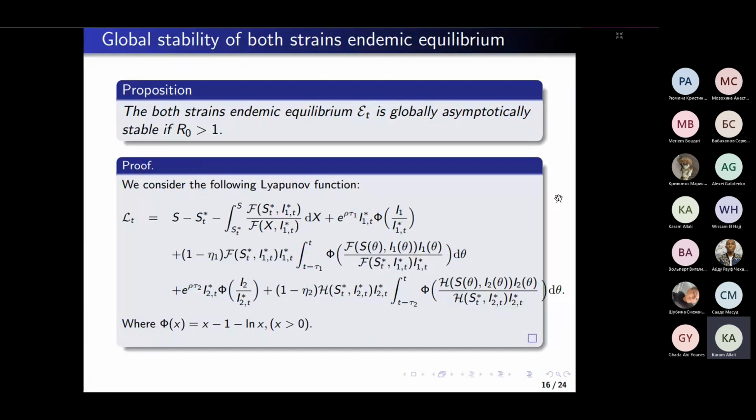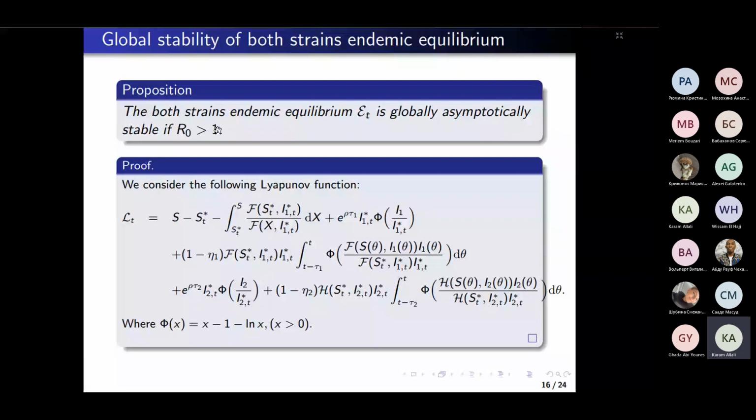Here we have that the both strains endemic equilibrium is globally asymptotically stable if R0 is greater than 1. I want to recall that R0 is the maximum of R01 and R02. It means that both of the two strains are greater than 1.